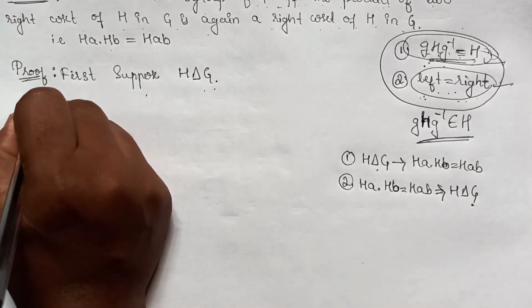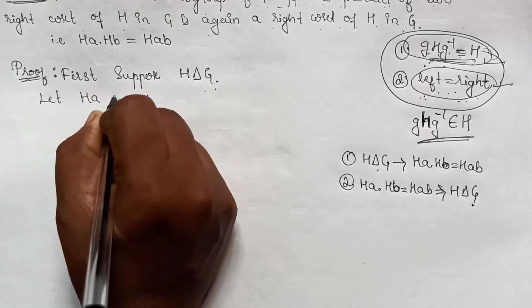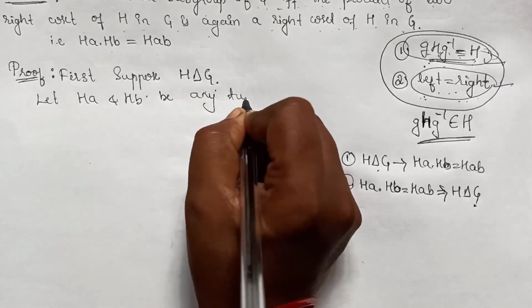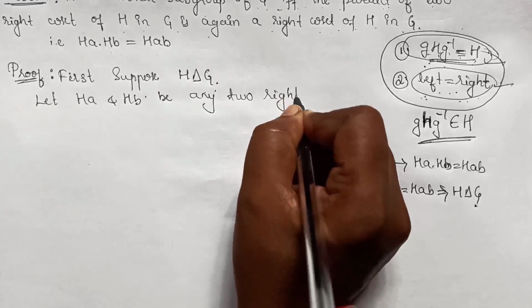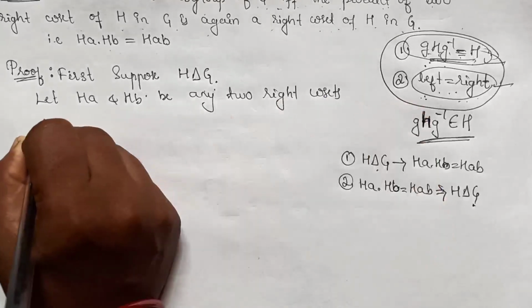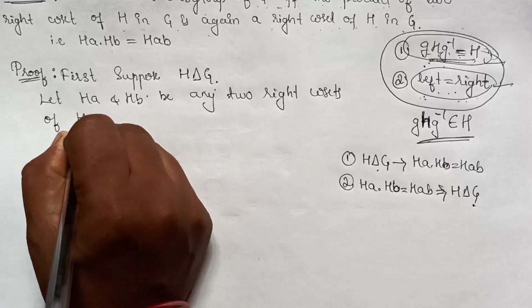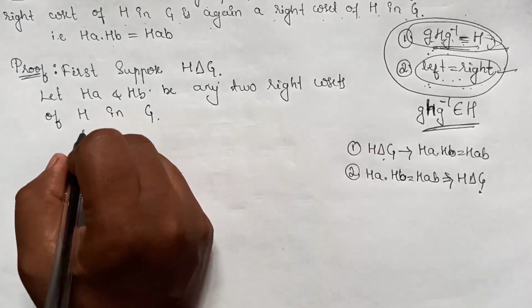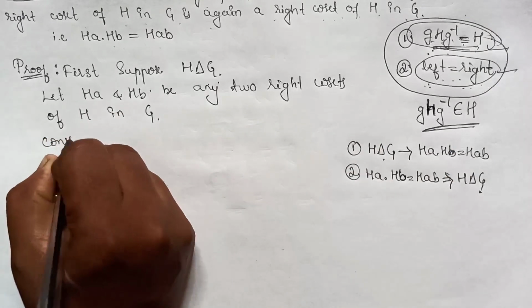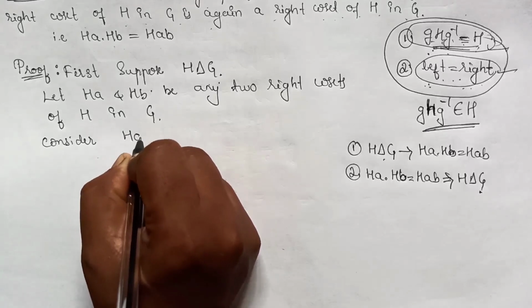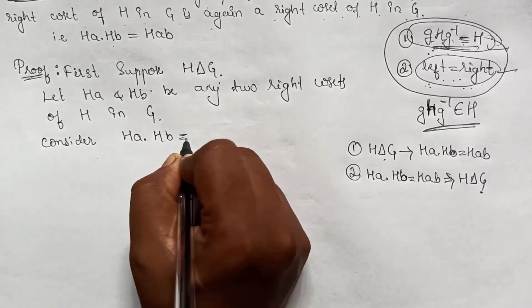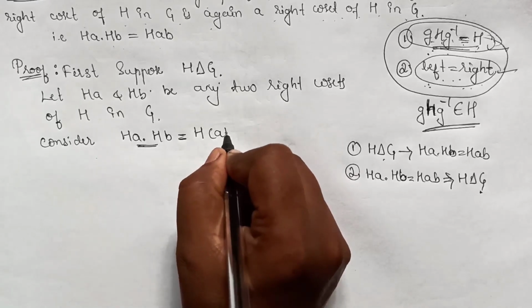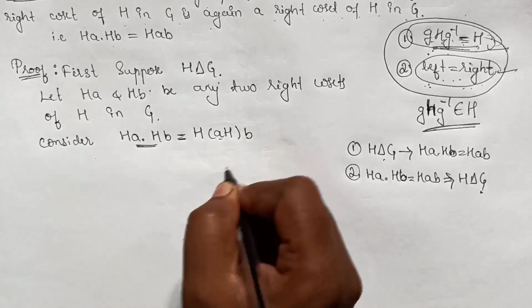Then let Ha and Hb be any two right cosets of H in G. Then consider the product of these two right cosets, Ha dot Hb. This can be written as H, I will group these elements together, that is aH into b.